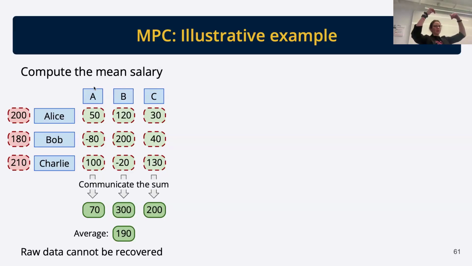Now, everybody is going to add the 3 numbers that they get, summing across the rows. You get these 3 numbers, 70, 300, and 200, which you can communicate freely with everybody else. Then you can average that and get the average without having revealed your salary. So this is the simplest case.